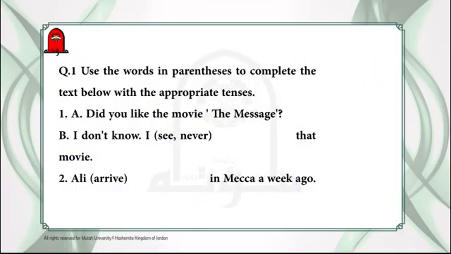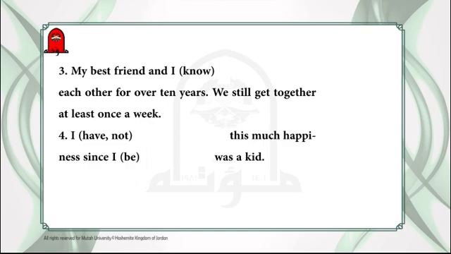Varied questions on these rules. Use the words in parentheses to complete the text below with the appropriate tenses. Did you like the movie The Message? I don't know. I blank that movie. Using see or never. Ali blank in Mecca a week ago. My best friend and I blank each other for over 10 years.